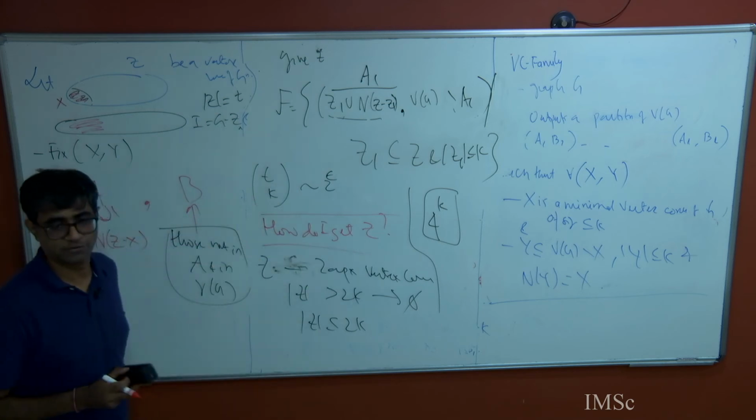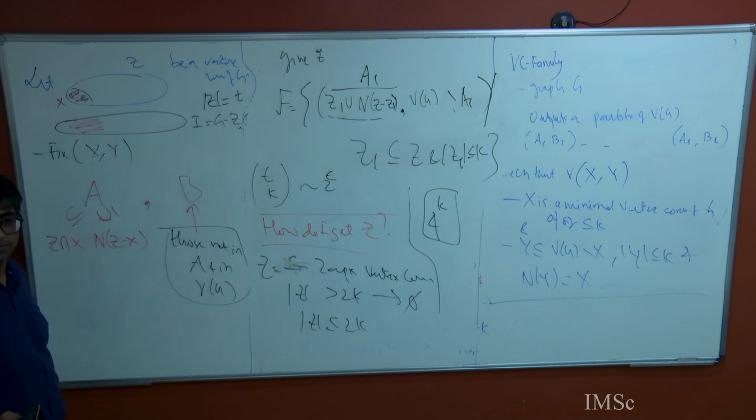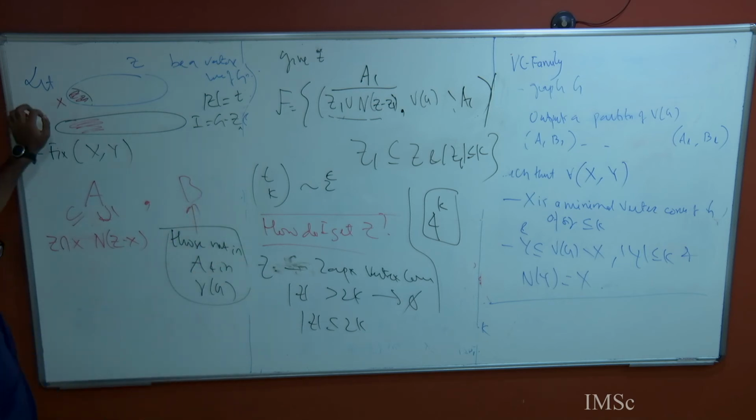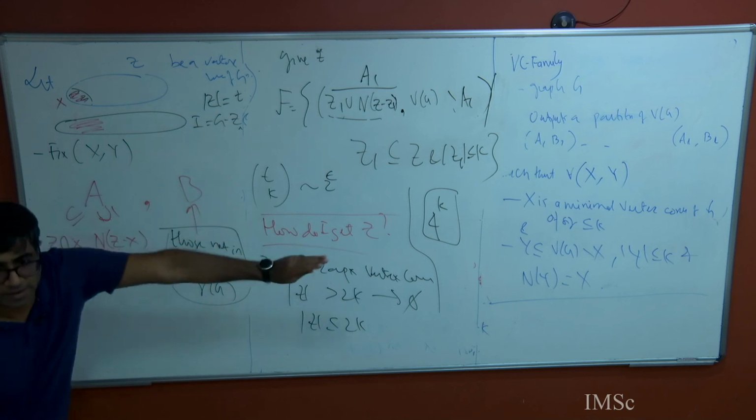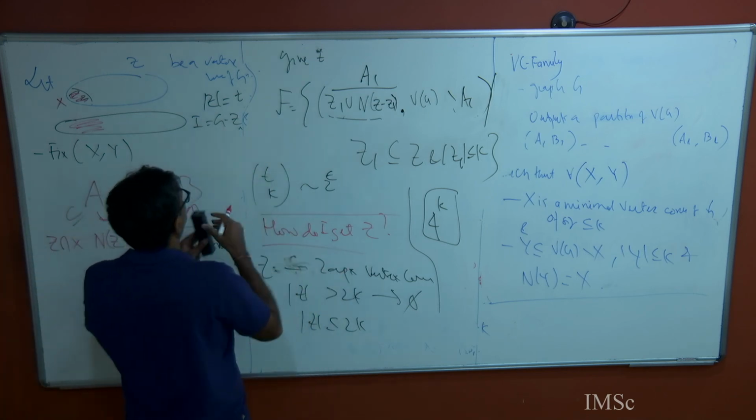I will keep the definition so that you can keep looking at it as much as you wish. But notice, I am going to remove this and keep this, because the picture is all that is important. That is my definition, this is my family. Okay? Please, if you want to note down, note down.